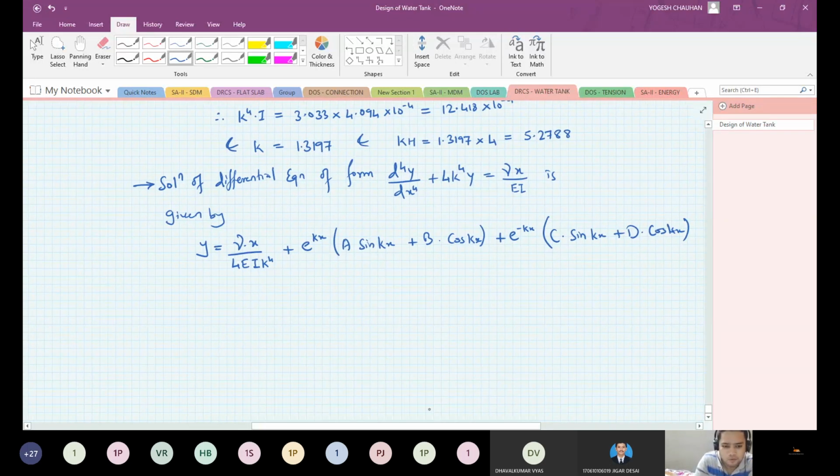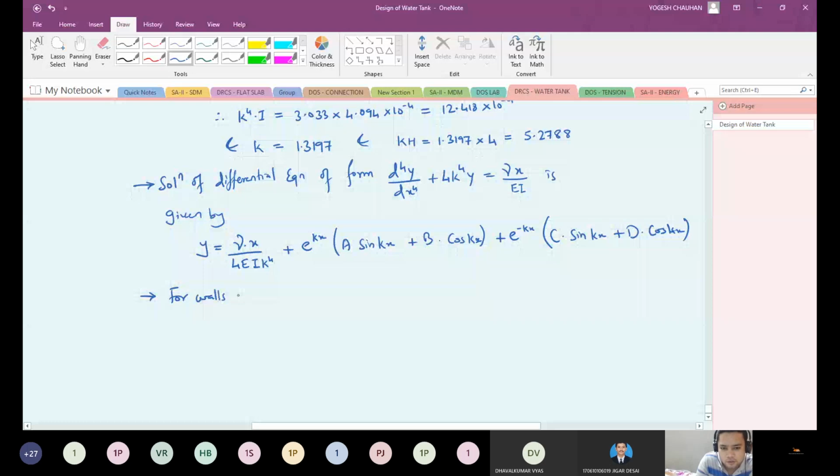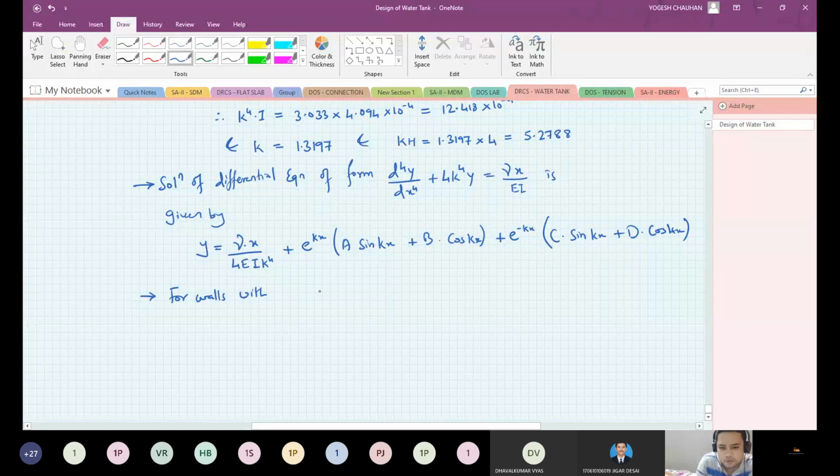So for walls with fixed base and free top, the first boundary condition is at x equals to h, that is at the base, your deflection is 0.